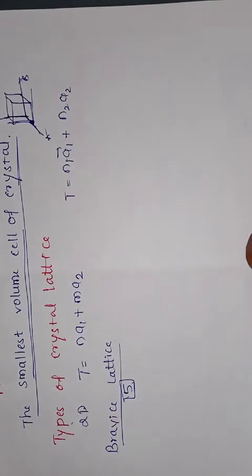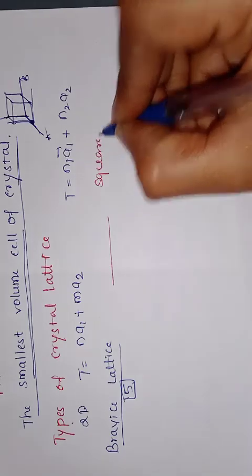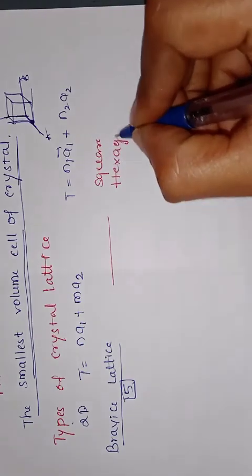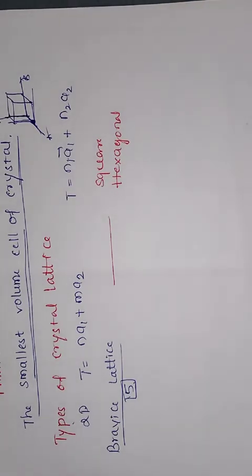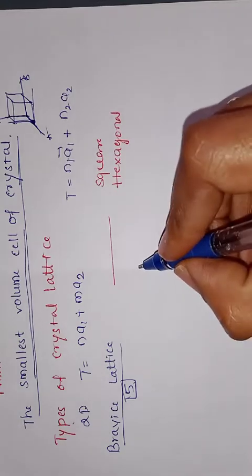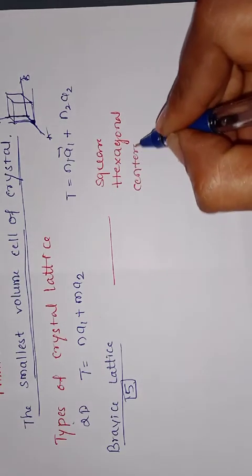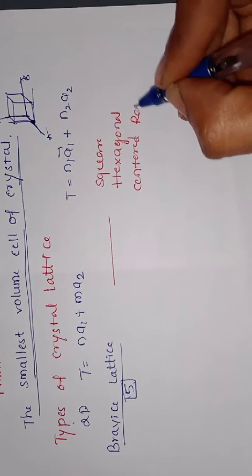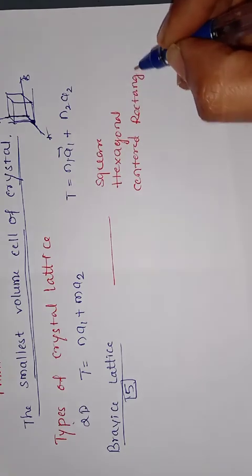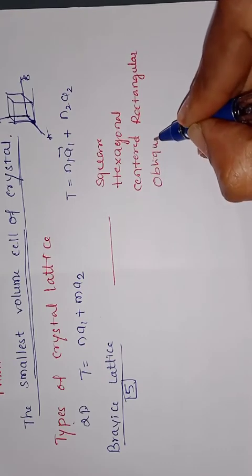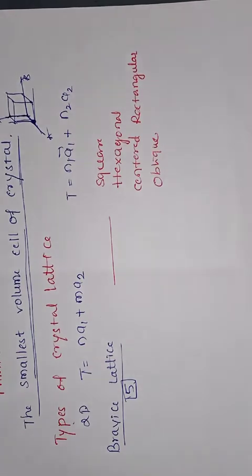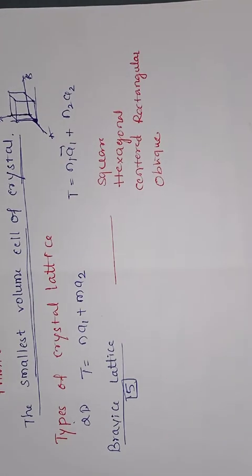The first one is square, then hexagonal, then centered rectangular, then oblique. There are 5 types of Bravais lattice.